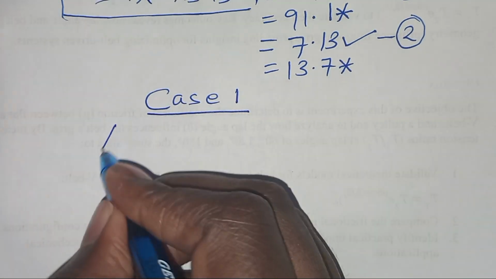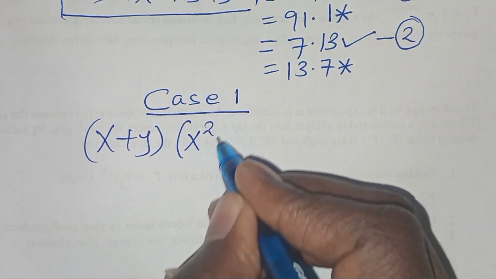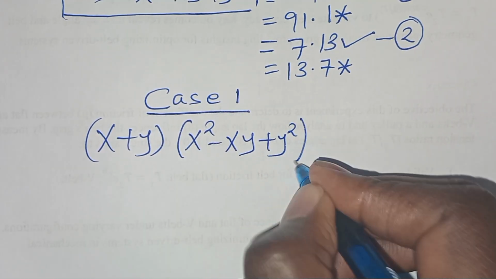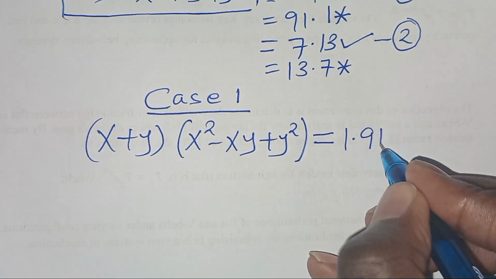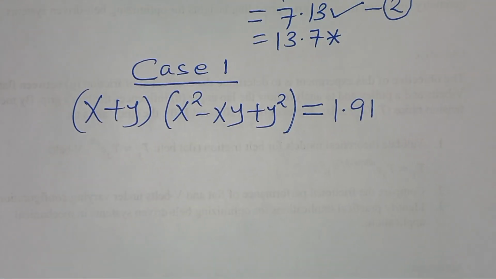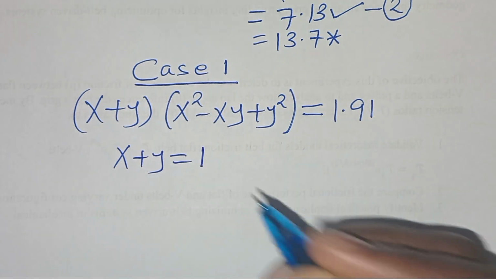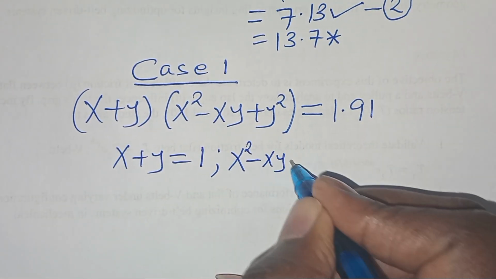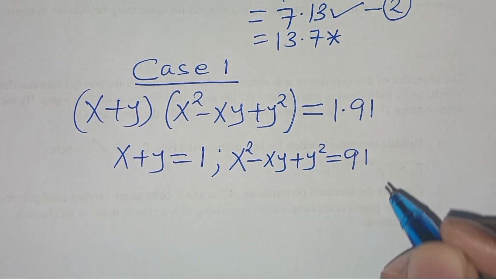So we have x plus y, x squared, subtract xy plus y to power 2. This is equal to 1 times 91. So this implies that x plus y is equal to 1, and that x squared minus xy plus y squared is equal to 91.